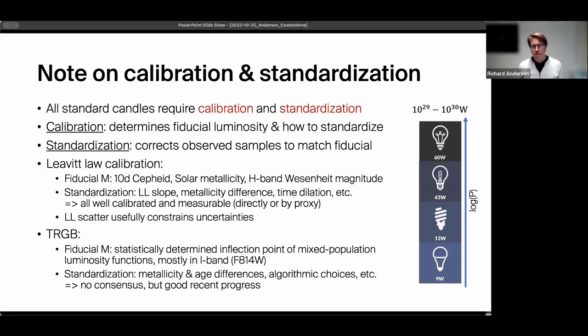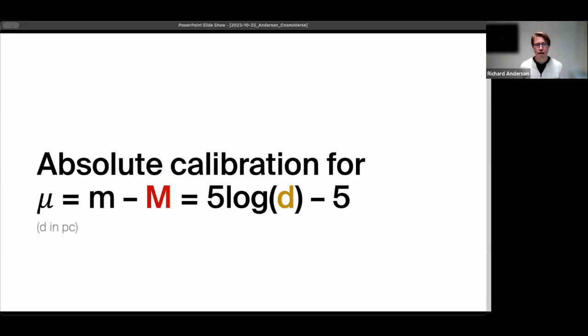Then on standardization, I think there's not yet really that much of a consensus because, for example, one group uses a metallicity correction and the other doesn't. Of course, you have age differences in the populations, and I think we're still working through some of those things. One of the aspects I've also focused on recently are algorithmic choices of how the TRGB is actually measured, and I'll say some things about that during this talk.